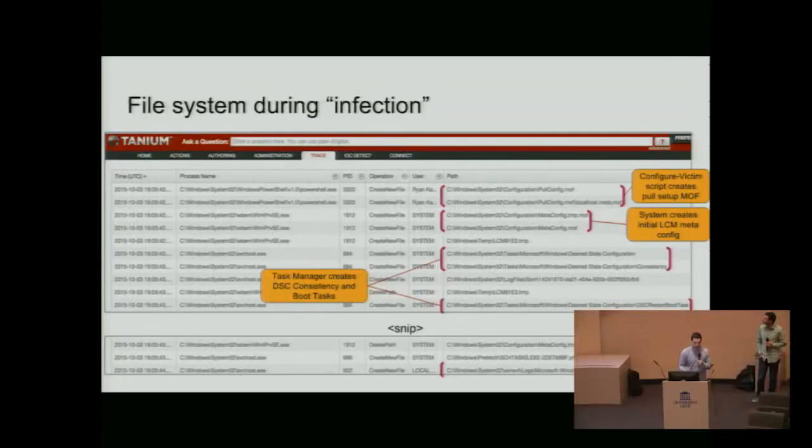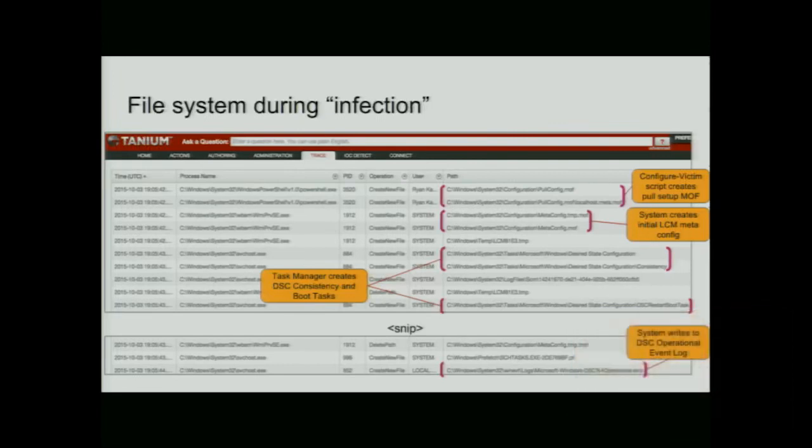So if you have a capability to monitor changes to files in motion and centrally log that, you could see this sort of stuff. To summarize quickly, a temporary file, as Matt alluded to, called pullconfig.mof is the first thing that gets dropped, and that contains the configuration for how the victim is going to use the pull server. The next thing that happens is that it gets serialized to the metaconfig.mof, which is its permanent home.